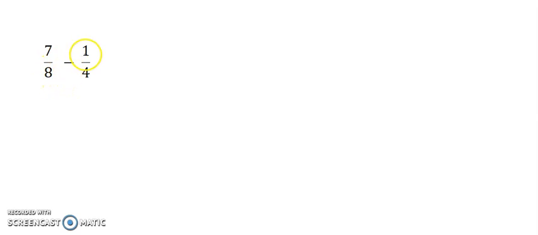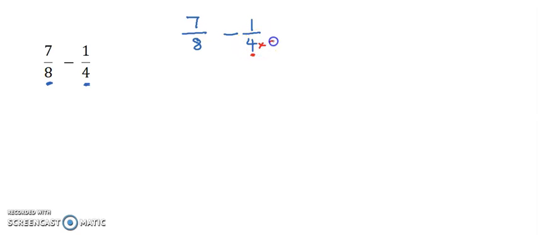All right, let's take a look at this one now. 7/8 take away 1/4 or a quarter. The first thing that we're going to notice is that the denominators are not the same. Let me write this here. So we have 7/8 take away a quarter. We realize that the denominators are not the same. And for us to do an operation such as subtraction in the same way we did addition, we want to find an equivalent fraction so that both of them have the denominators that are the same. So we can change a quarter into an equivalent fraction with a denominator of 8.